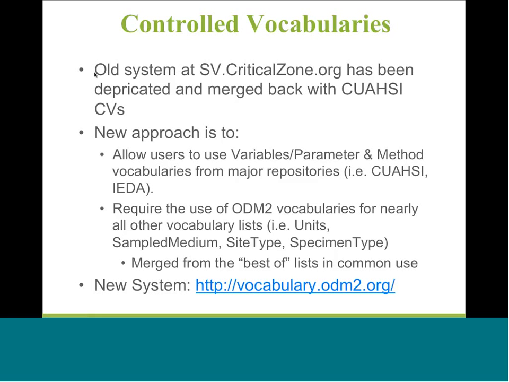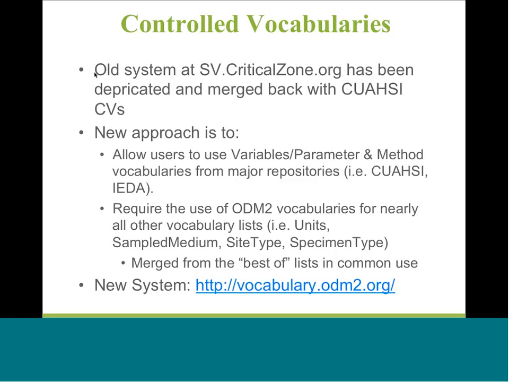Part of the problem was that it was derived from Quasi's control vocabulary system, but there had been divergence, and we realized that that was functionally kind of a pain in the neck. So what we did is that we took it down and merged the new terms that had been developed for the critical zone use back into Quasi's control vocabulary system. So Quasi's vocabulary 1.1 system now has all of our old terms, and for variables, that's where we've been pointing since then.